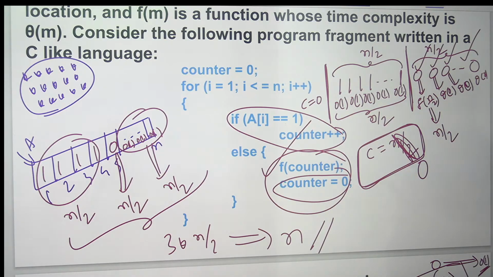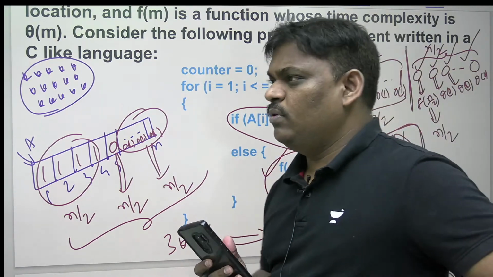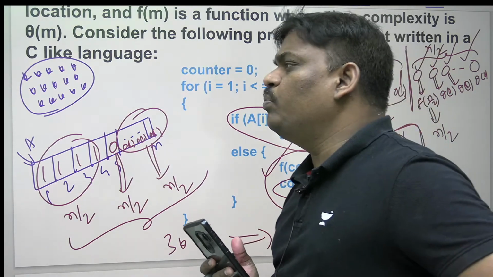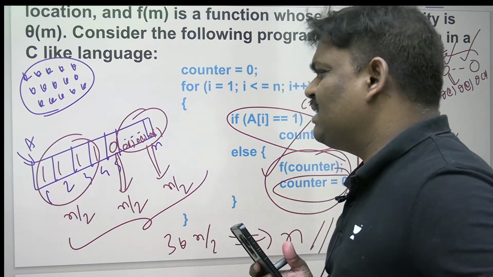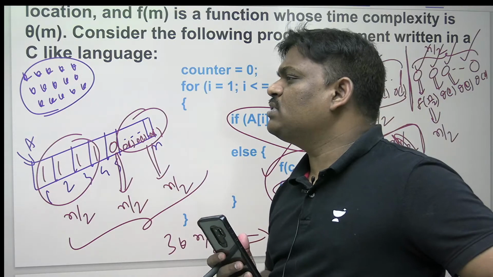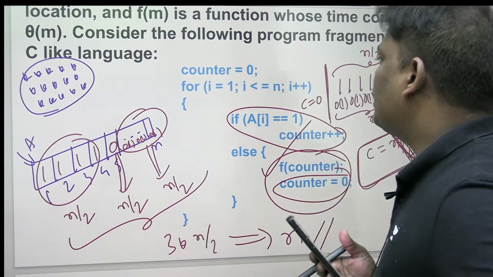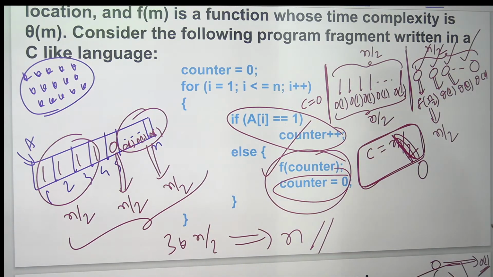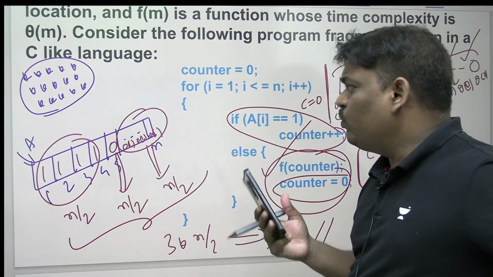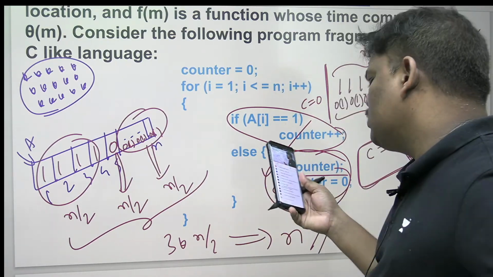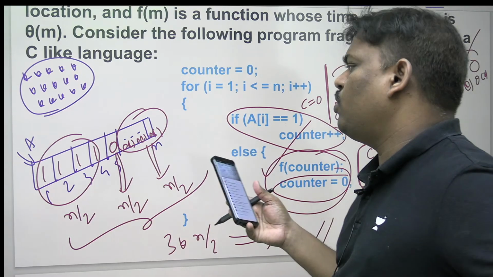Space complexity means normally extra space. Extra space other than input, whatever extra you take, that is called extra space, which is normally called as space complexity. But we don't know what is the input. So, no one will ask you what is the space complexity for this problem.